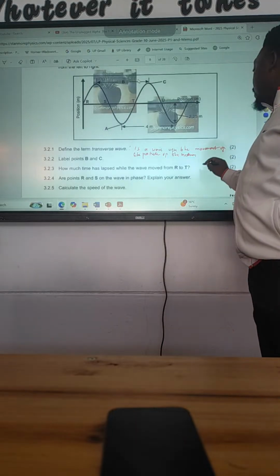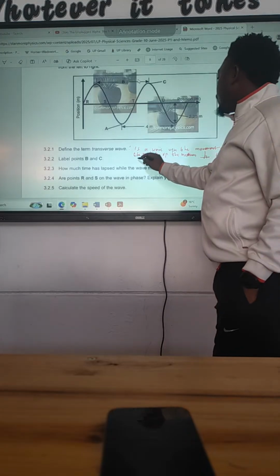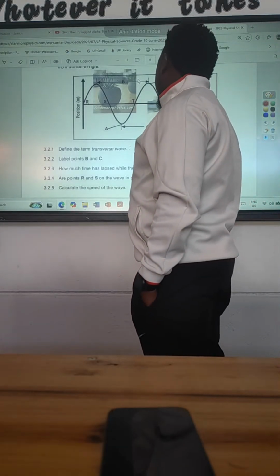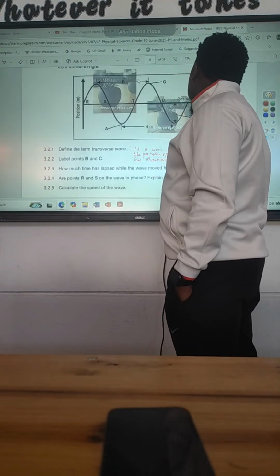I will do this so that we know it's perpendicular to the direction of propagation.